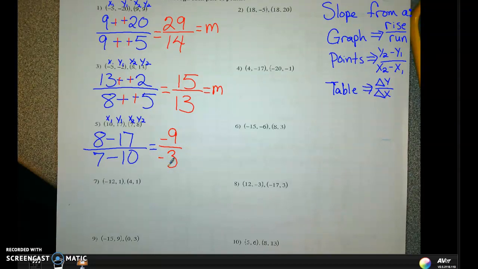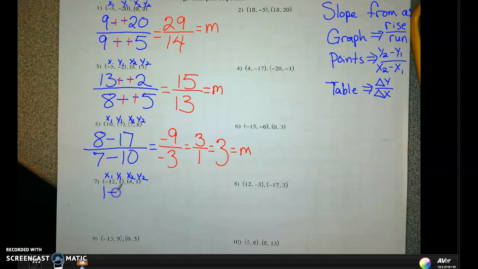Now, we can simplify this. Negative 9 divided by negative 3 is going to be a positive 3 over 1, which equals 3. So m equals 3.